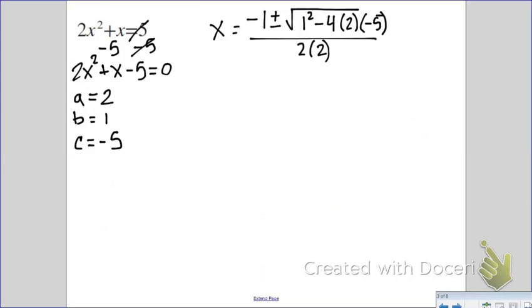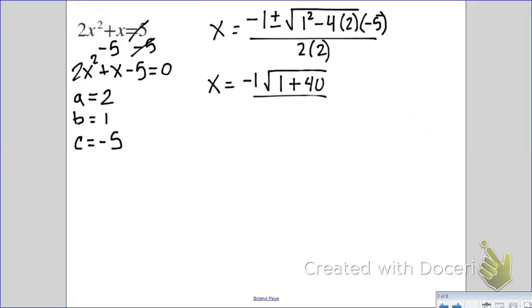Now we're going to start simplifying what we can. Negative 1 is still there. But inside, we now have the square root of 1 plus 40. So that's 4 times 2 is 8, and 8 times 5 is 40, and a negative and a negative make a positive.